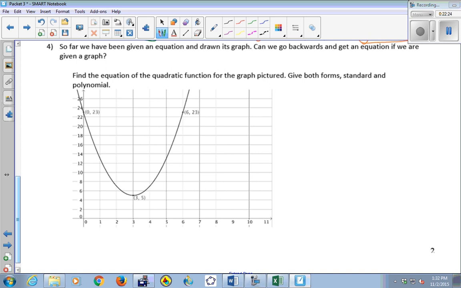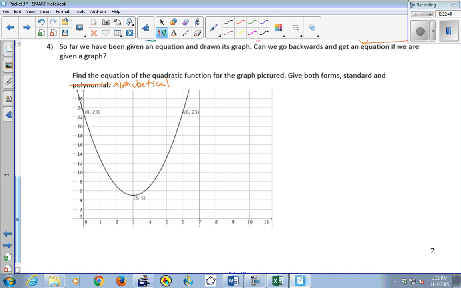So here's a graph of a quadratic function. I want to write both forms, standard and alphabetical. Okay. Standard and alphabetical form. All right, so let's start with standard because they gave me the vertex, 3, 5.